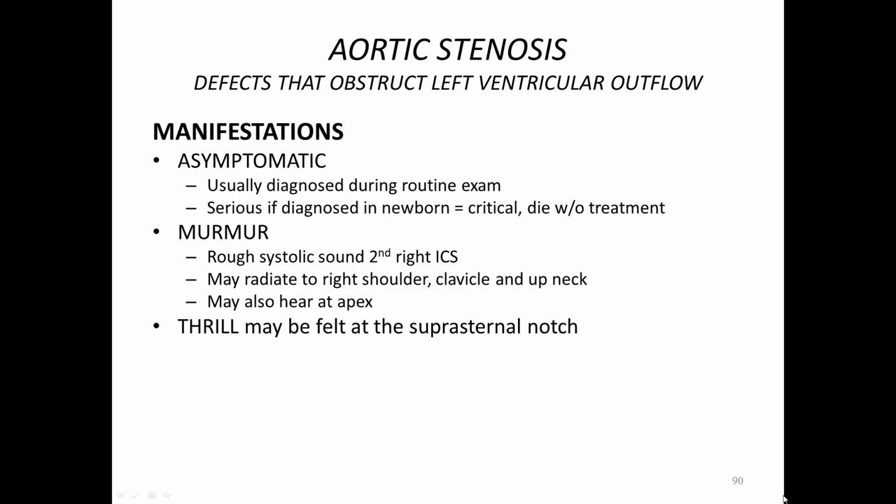The murmurs are usually systolic, heard best at the second right intercostal space. The murmur may radiate up to the right shoulder, clavicle, and up to the neck. It may also be heard at the apex. Sometimes a thrill may be felt at the suprasternal notch because of that stenosis.